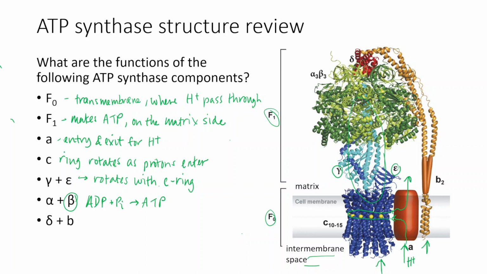And what about the other ones? What do alpha, delta, and B, sorry, not beta, do? Do they have a function in catalysis? Seeing some no's, that is true.